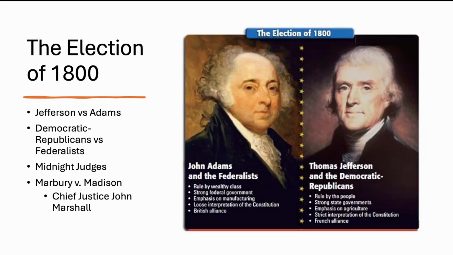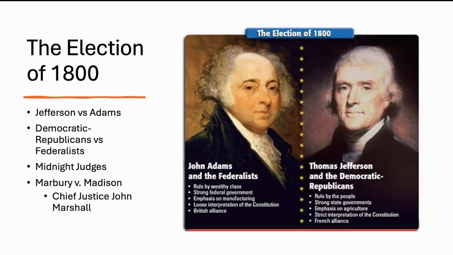One of the people that did not receive their commission was William Marbury, and he sues, which is why you have the landmark case Marbury versus Madison of 1803, led by Chief Justice John Marshall, who's very important in early America. Marbury had the right to his commission, but the law granting the court power to enforce it was unconstitutional. Marbury did not get his appointment. So sorry for him.